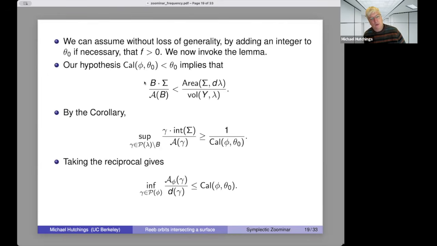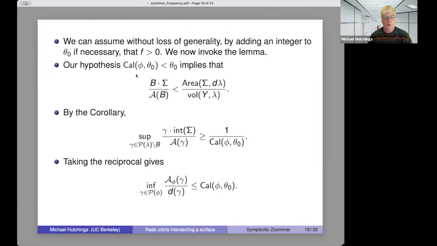Because in this inequality, the action of B is equal to the area of the disk, which is 1, and B dot sigma, that's theta 0 inverse, the area of sigma is 1, and the volume is the Calabi invariant. So this inequality says that theta 0 inverse is less than 1 over the Calabi invariant, which is equivalent to the hypothesis.